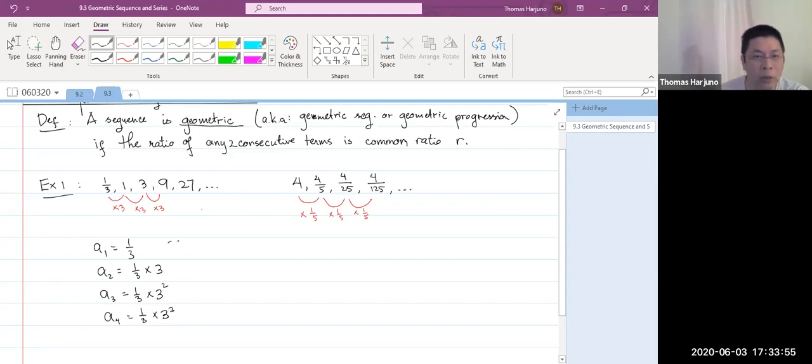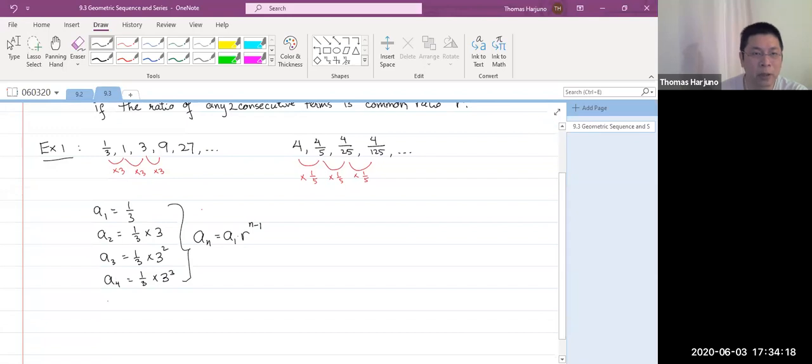Notice that they have the following general pattern. The nth term is the first term times the common ratio to the power of 1 less than n. In this specific example, the nth term will be 1/3 times 3 to the n minus 1.